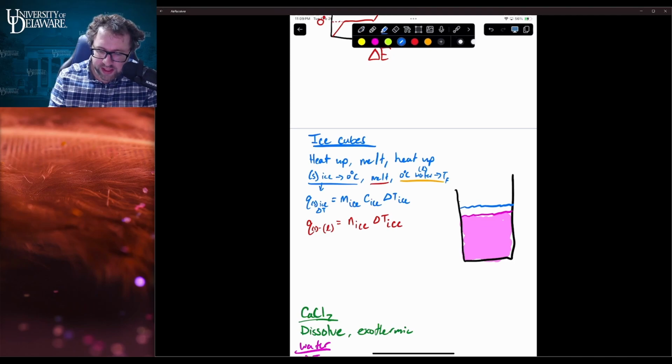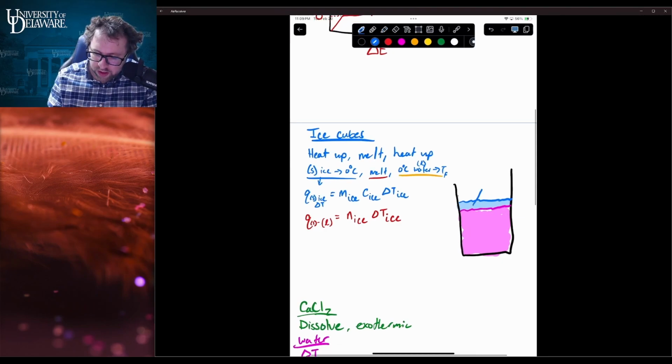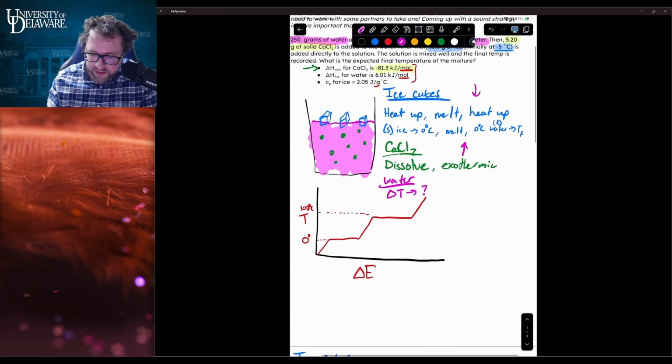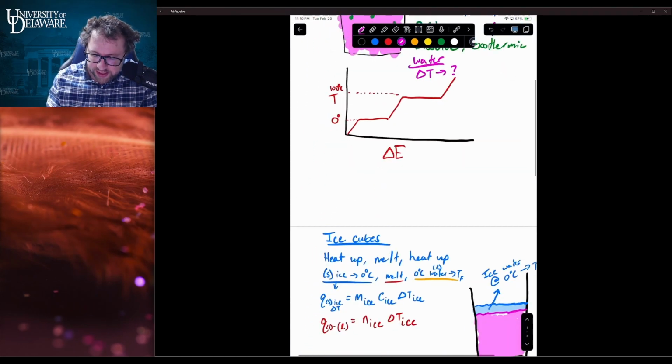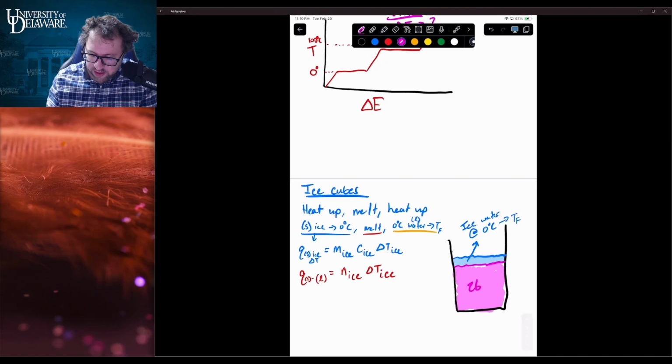And as soon as that ice is melted, we're going to have a little itty bitty layer of water, the ice water, that's at 0 degrees Celsius. That water still has to undergo the temperature change to go to TF. And that's sitting on top of our water down here that is at 26 degrees Celsius.